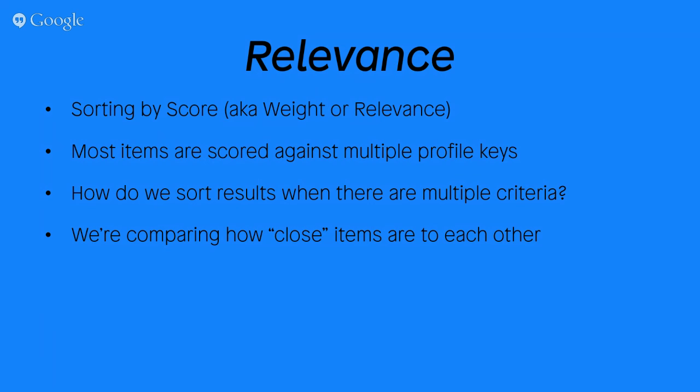And if we extend that concept a bit further, if we look at all the profile keys that have been assigned a value for an item, then we want to know how to sort based on all of those in comparison to another item. So really the issue here is how do we find a way of comparing how close one Sitecore item is to another in terms of all the keys it's been assigned a value for. You can almost think of it in terms of a dating agency.